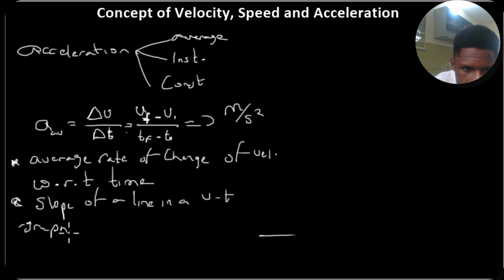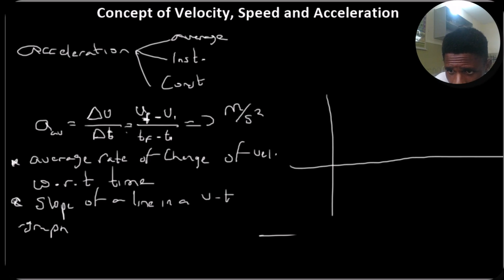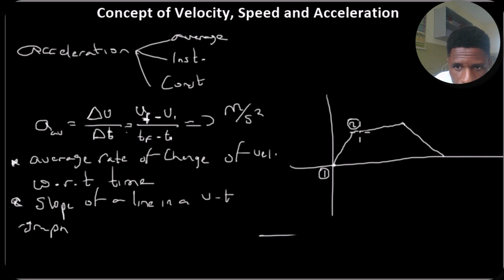So what we're saying is, let's try and make a much more familiar example. So the graphs that we mostly encounter look something like this. Let's say this is my origin, which is 0,0. Let's assume that this is my point 1 and then this is my point 2.